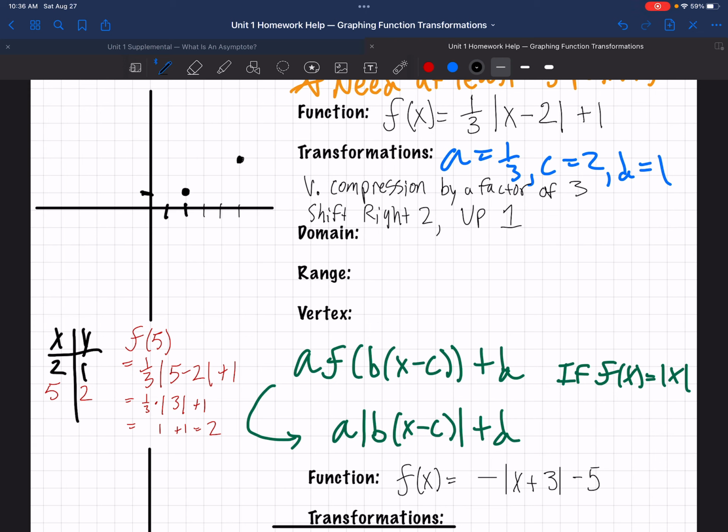Nice. Okay. And now here's something kind of cool. With an absolute value function, we're actually done. And we can get the next point for free because the axis of symmetry is here. This is the axis of symmetry, which, by the way, lies at x equals 2, okay?